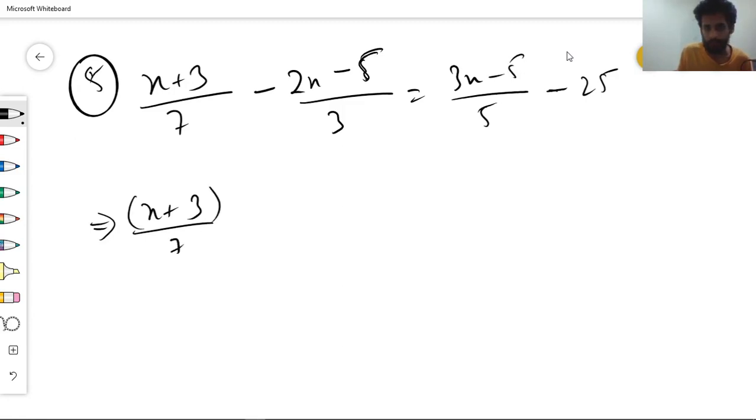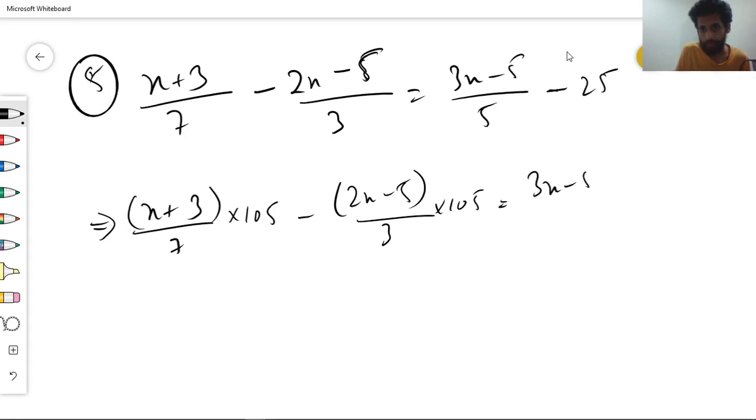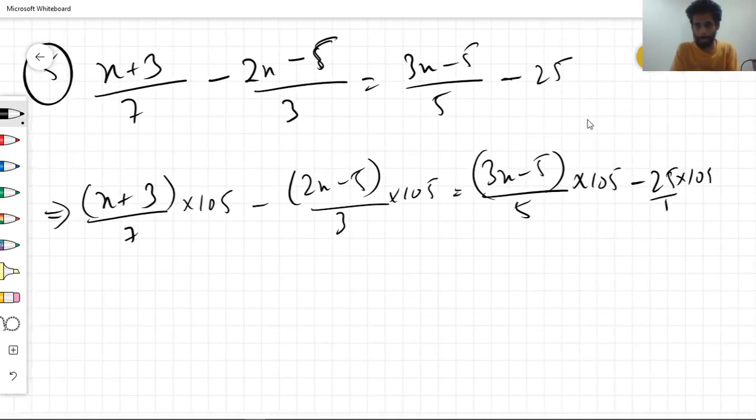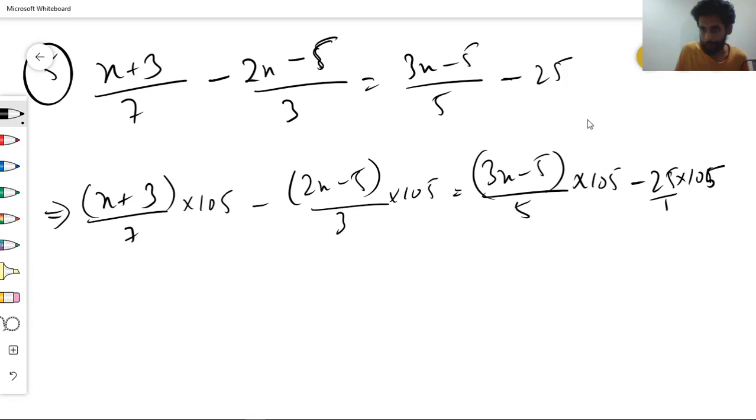So the LCM is 105, then this one is also 2 into x minus 5 into 105, 3x minus 5 by 5 into 105, and this one is minus 25 into 105.